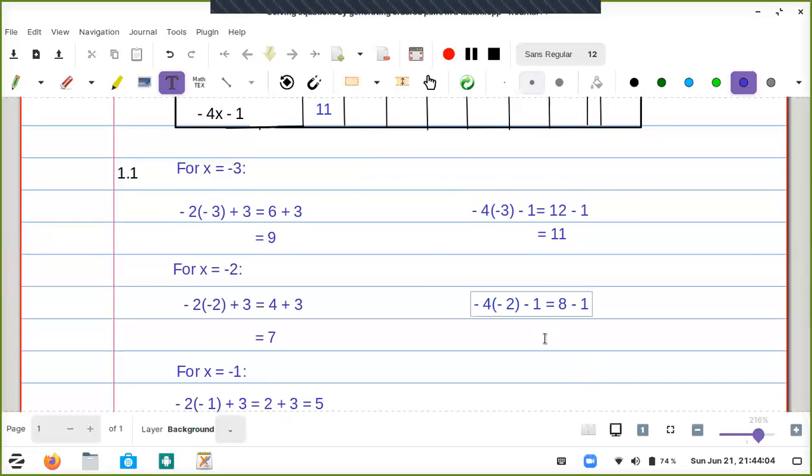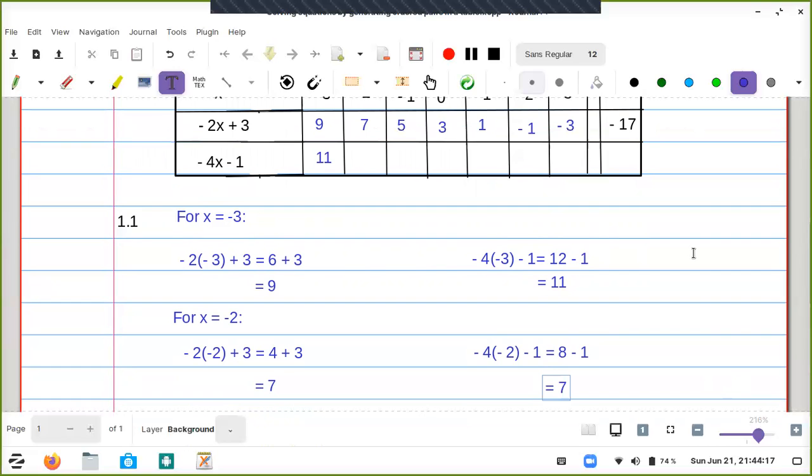When we subtract 1 there, 8 minus 1, we are going to come up with 7, which means my value here is going to be what?